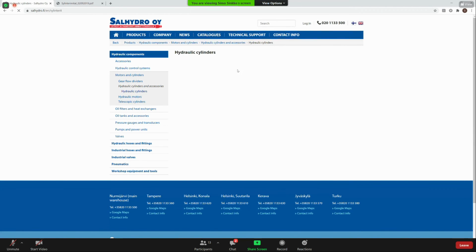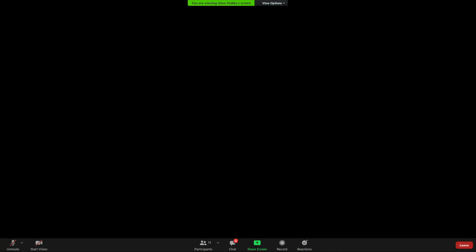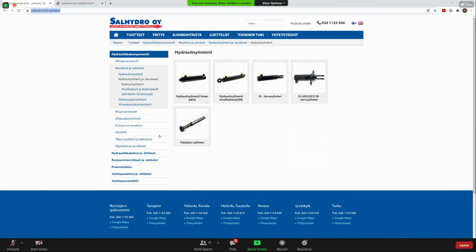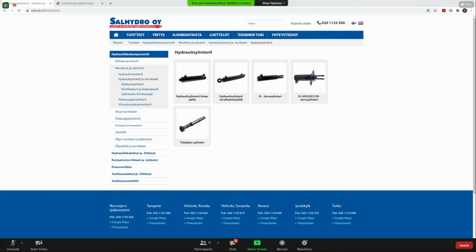But in the English page, they don't have this table. So it seems that they don't have so perfect English pages, but yes, this is the address. I will put it in a chat. Thank you.